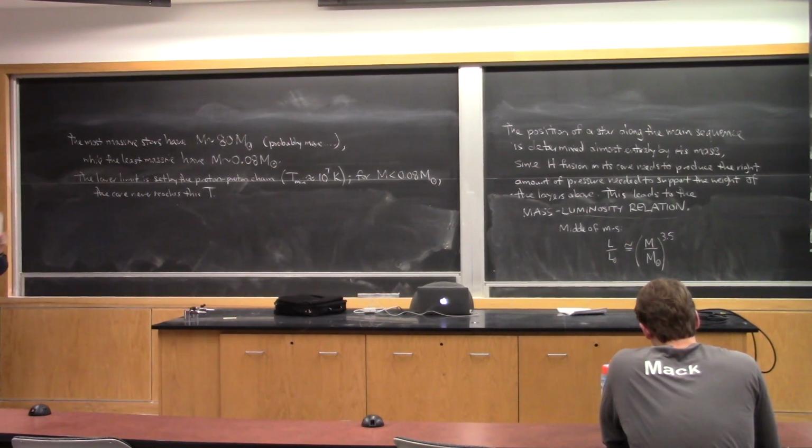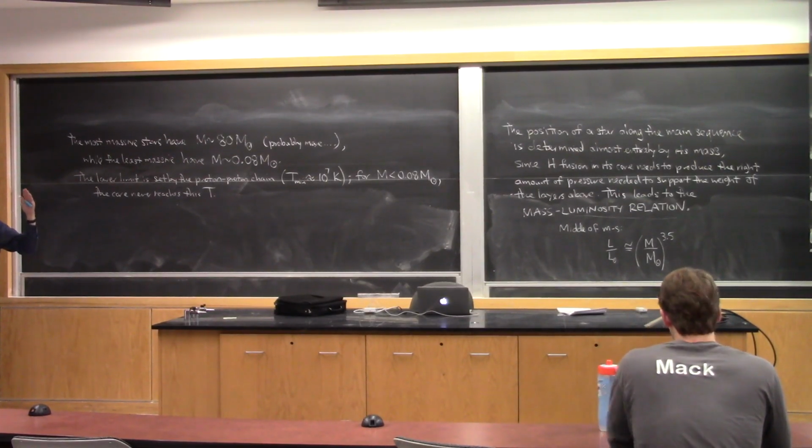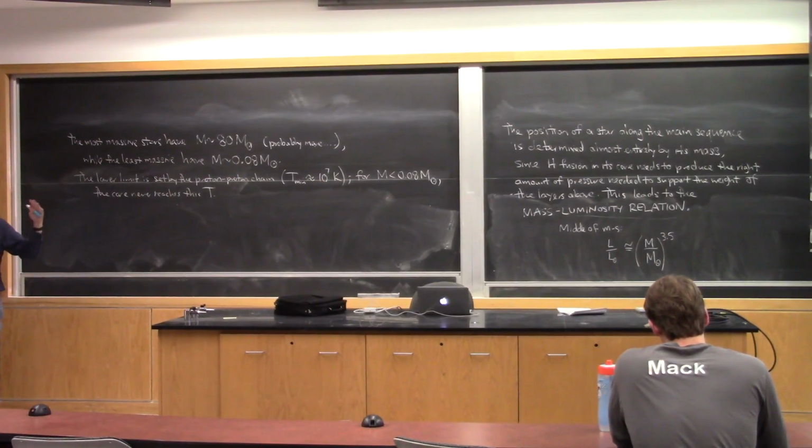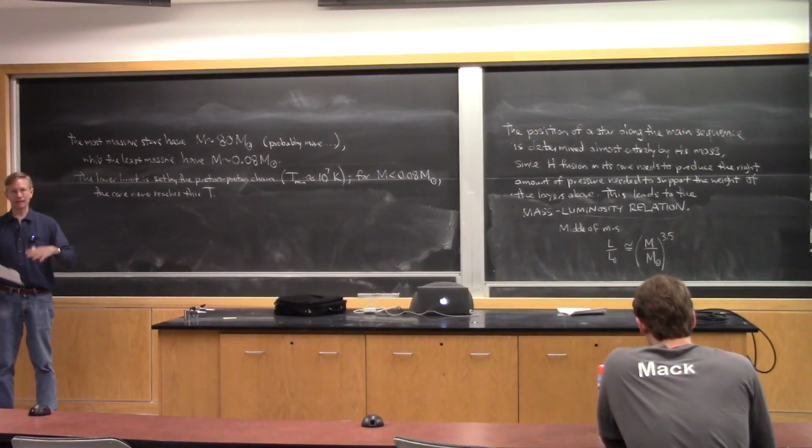They shine via the Kelvin-Helmholtz process that was mentioned on the exam and mentioned when we were talking about collapse of protostars and so forth, virial theorem and all that.